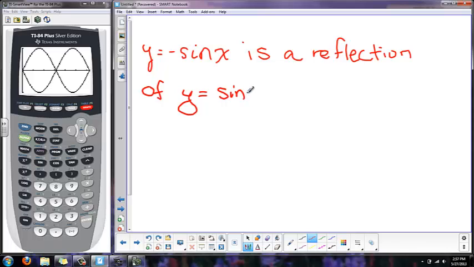So it's a reflection over the x-axis. Okay? And that would be the exact same case if you did the same thing to the cosine curve. Okay?